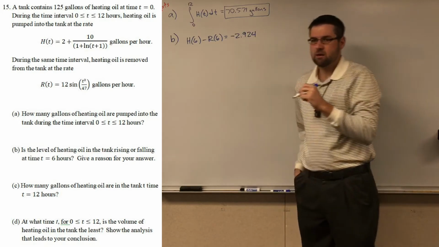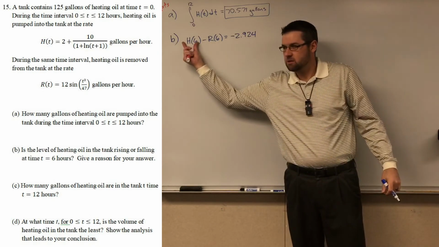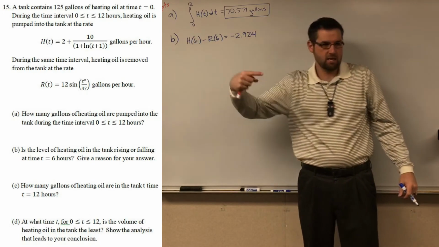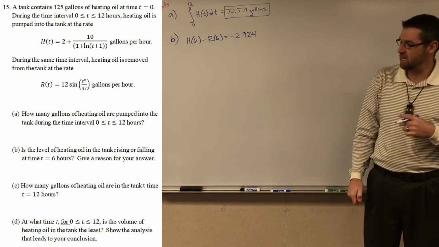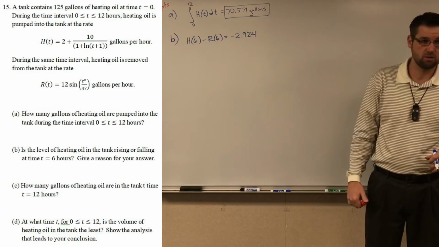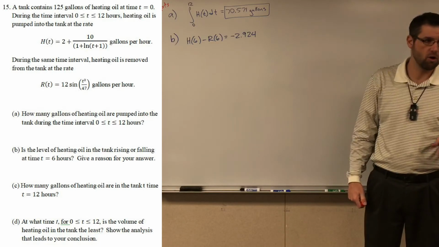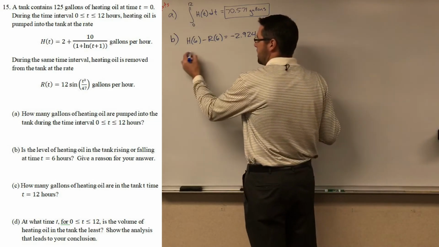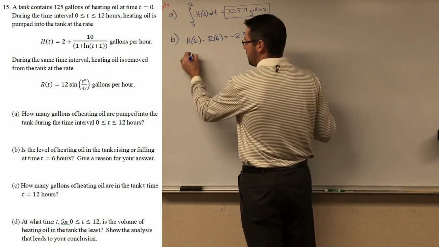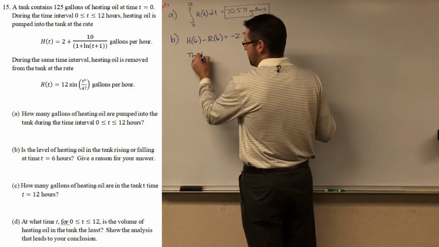So what can we say? The rate in minus the rate out is negative. Therefore, the overall rate is negative. Therefore, the amount is decreasing. So we would say the oil, the level.